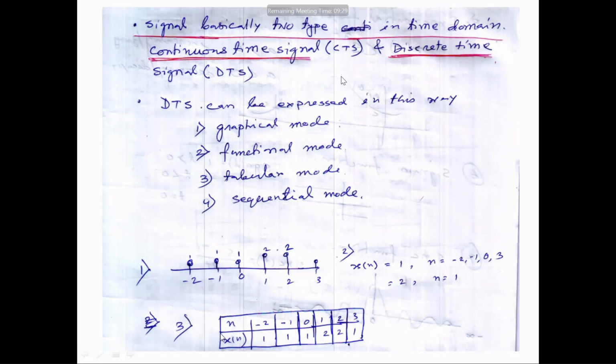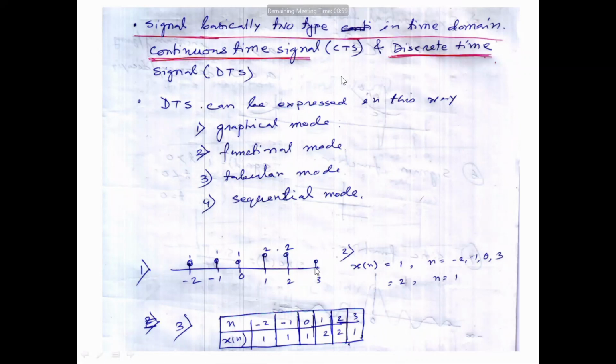In this tabular mode, these are the values of n: minus 2, minus 1, 0, 1, 2, 3. And x(n) gives the amplitudes. At minus 2 it is 1, at minus 1 it is 1, at 0 it is 1, at 1 it is 2, at 2 it is 2, at 3 it is 1.